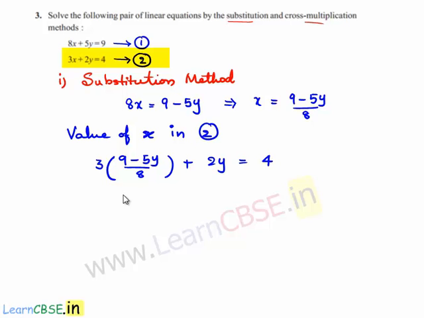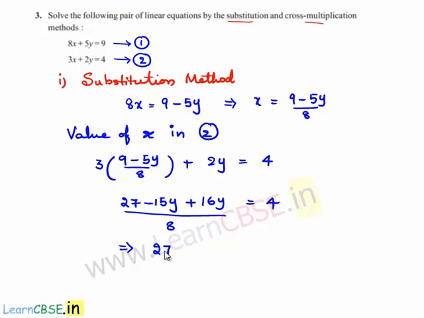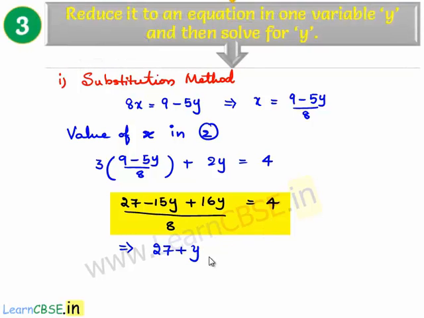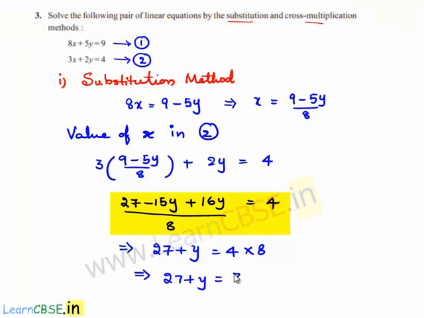This gives 3 times of 9 is 27, 3 times of minus 5y is minus 15y plus, so the LCM here becomes 8, so this becomes 8 times of 2y, which is 16y is equal to 4. So we get 27 minus 15y plus 16y is plus y, and 8 goes to the right hand side and it becomes 4 multiplied by 8. So we'll be getting 27 plus y is equal to 32.